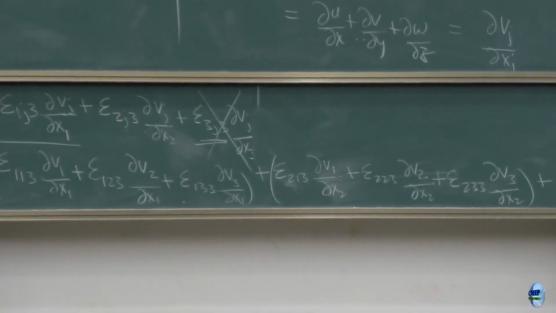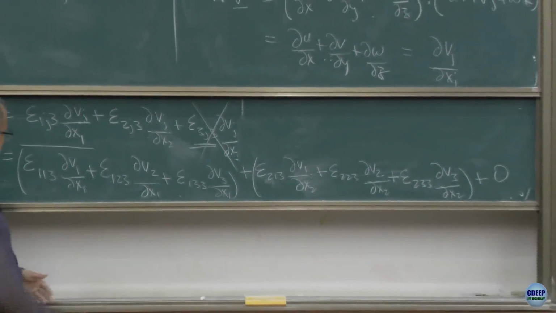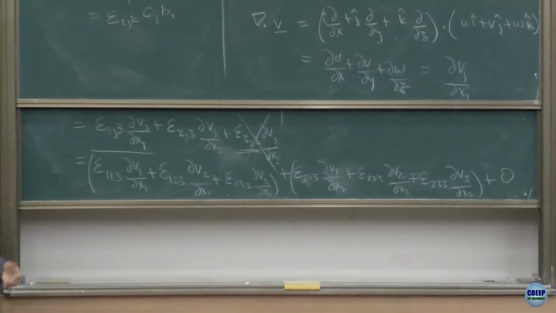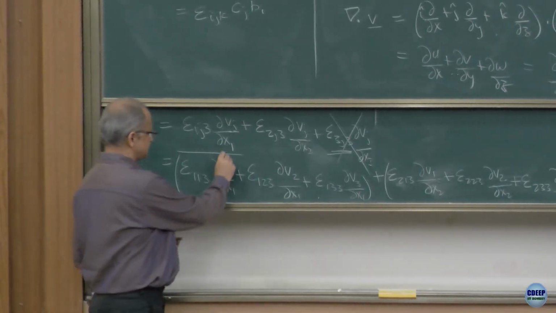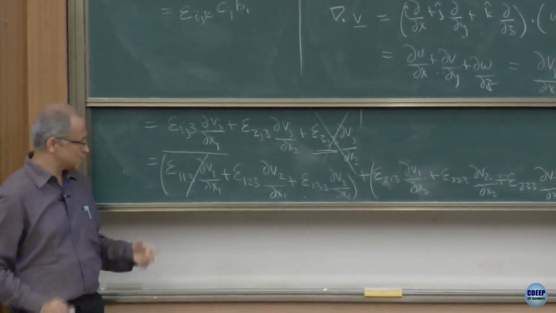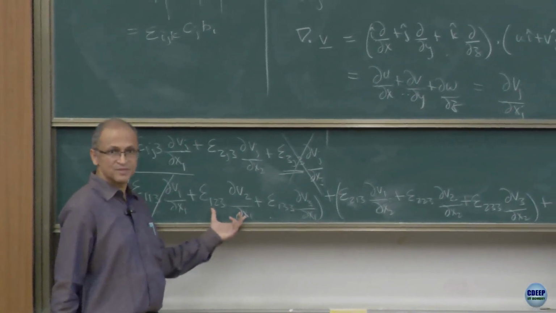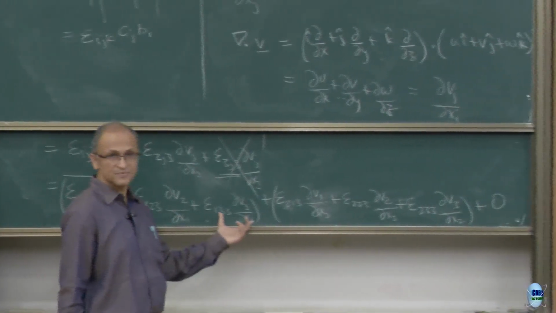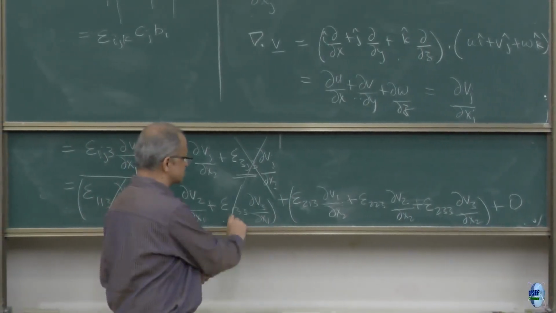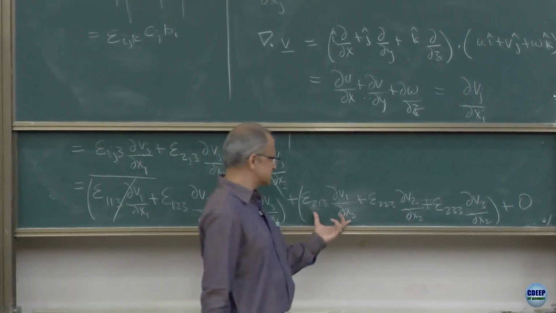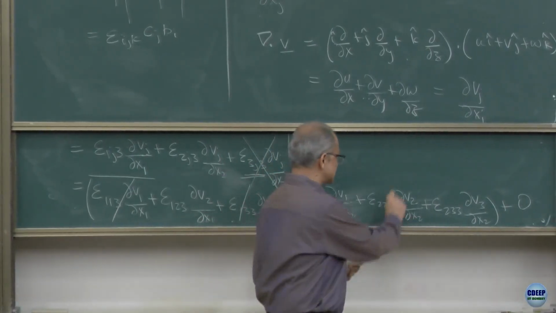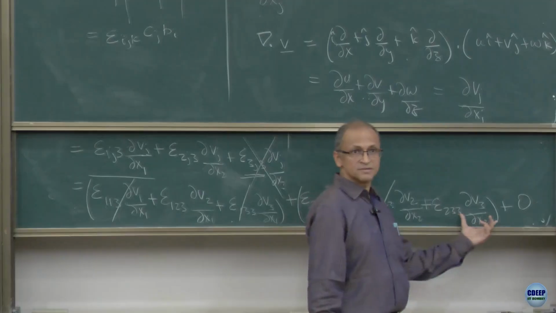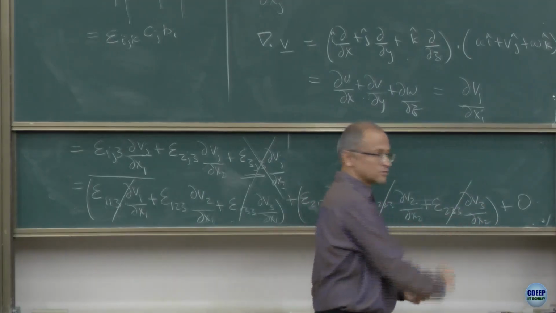Okay. So now in these terms, first let us look at which terms are non-zero. What about the first term? 0, because 1 is appearing twice. What about this term? Not 0. This term? 0, because 3 is appearing twice. What about this term? Non-zero. This term? 0, 2 is appearing twice. 0, because 3 is appearing twice.